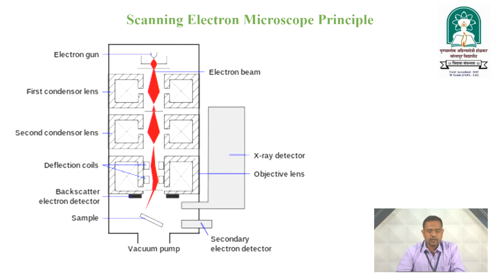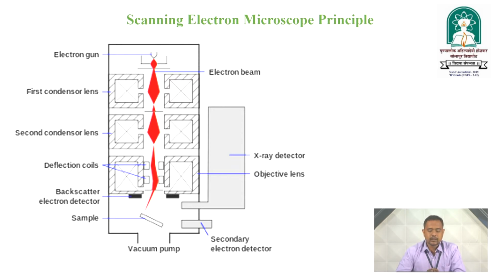Thereafter, once we generate the electron beam, it goes through the condenser lenses, the first condenser lens and the second condenser lens. As the name itself indicates, the condenser lens condenses the beam size, and we get a narrower beam to make more resolved images of the samples.